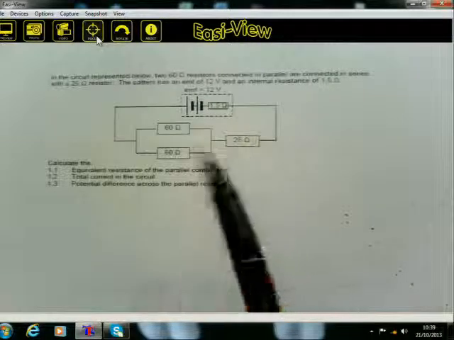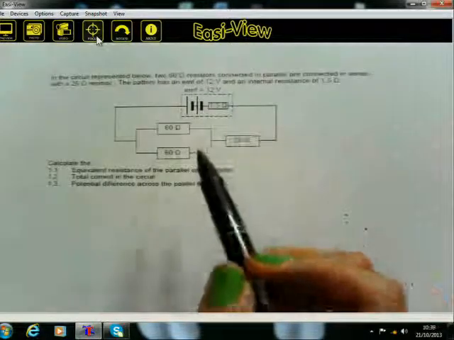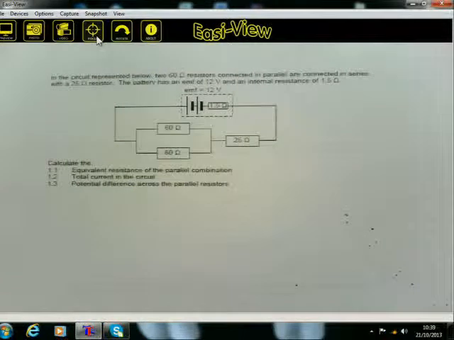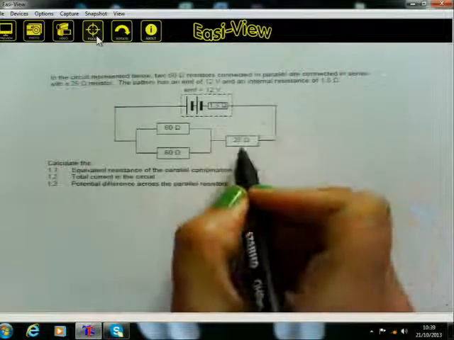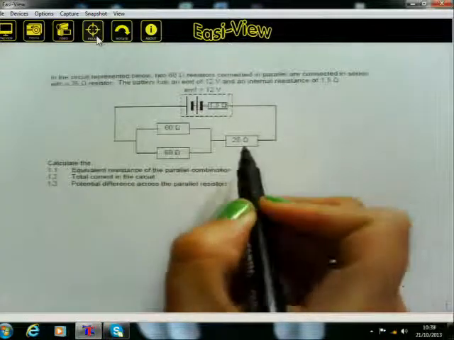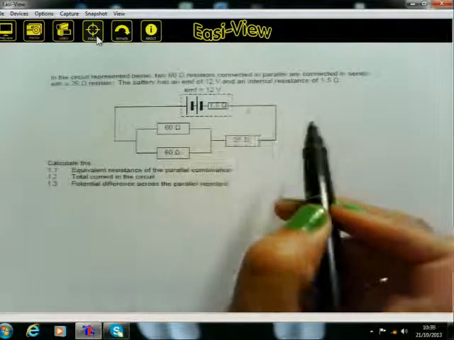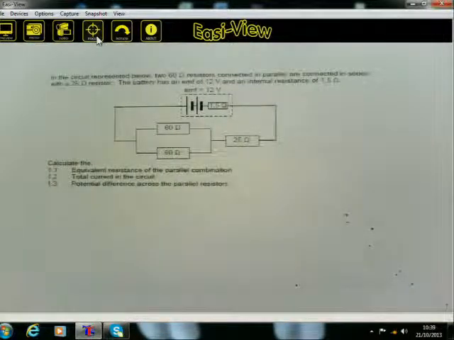They say to us, in this circuit represented below, two 60 ohm resistors connected in parallel are connected in series with a 25 ohm resistor. The battery has an EMF of 12 volts and an internal resistance of 1.5 ohms.